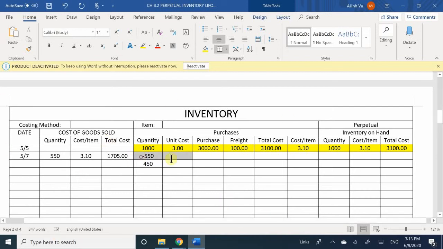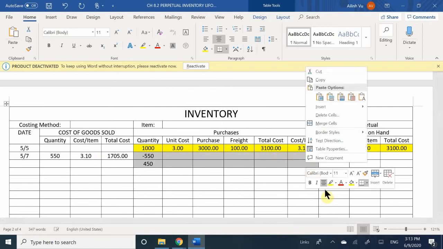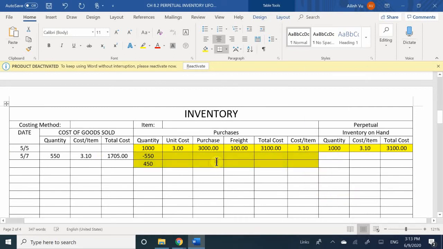I'm also going to highlight all this because we know this belongs to the yellow batch. Now that we started off with 3,100, we need to subtract 1,705. What do we get? 1,395. Good.